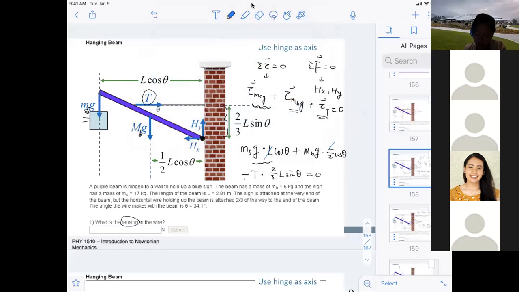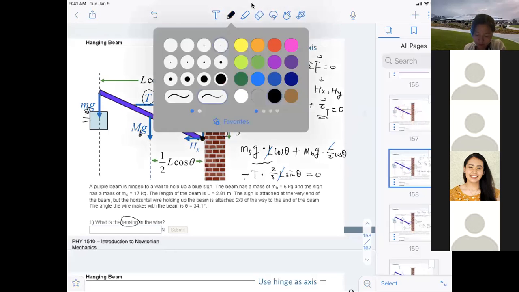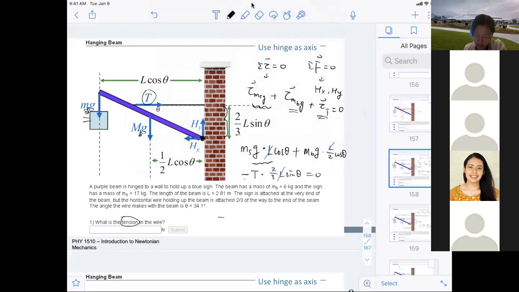Okay, so at this point, you can solve for tension. You can cancel the quantities that they all have in common, and you can solve for tension. So tension is ms g cosine theta plus mb g cosine theta over 2, divided by 2/3 of sine theta. Cosine theta over sine theta is cotangent theta, so you can further simplify this to be cotangent theta.